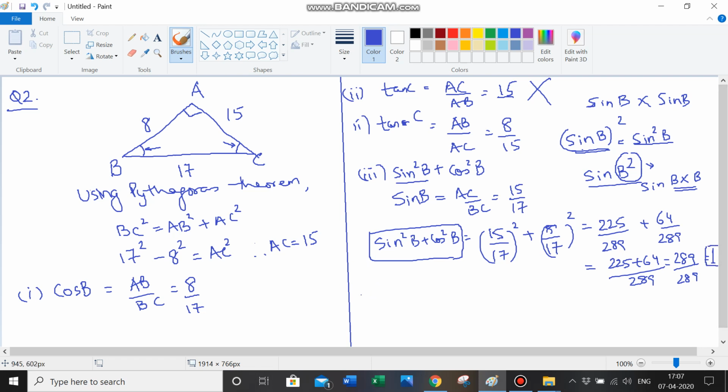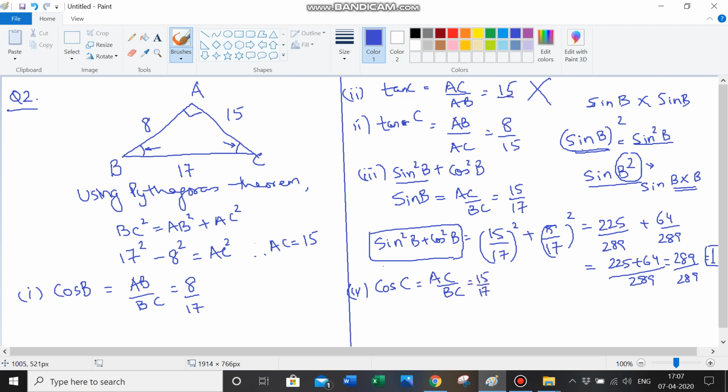There is a last part to it. So let's do part 4. For that, I need to calculate sine B, which I know. I need to calculate cos C. So let's calculate cos C. Cos C will be, with C as the reference angle, AC upon BC, which is 15 upon 17.